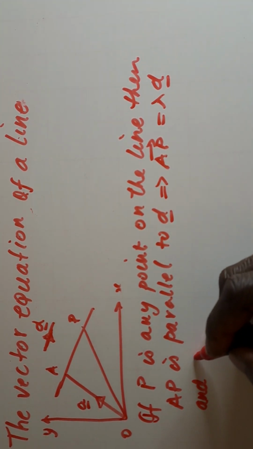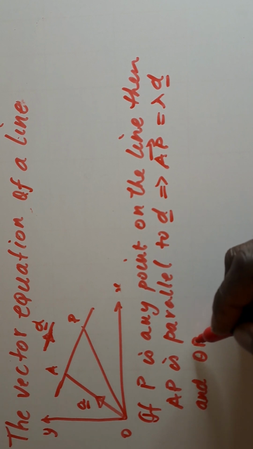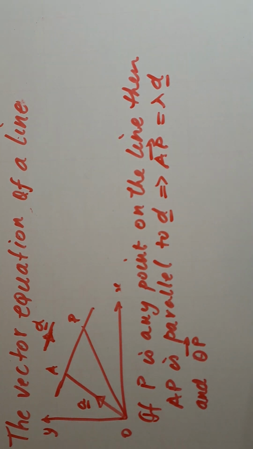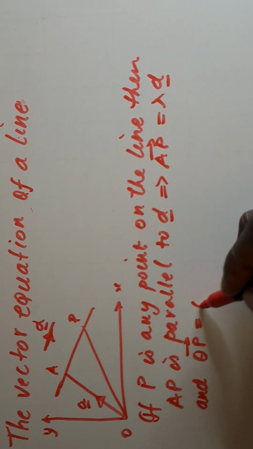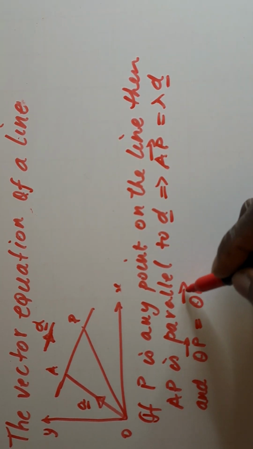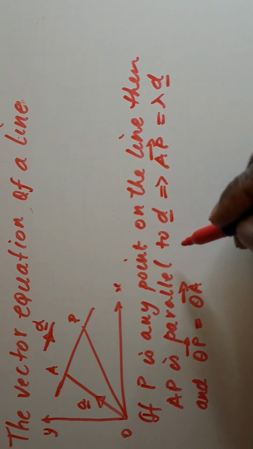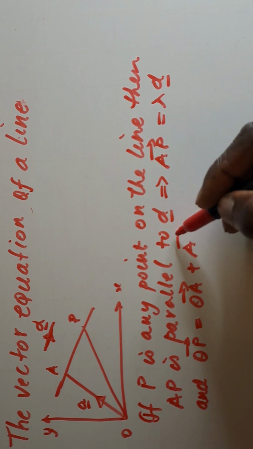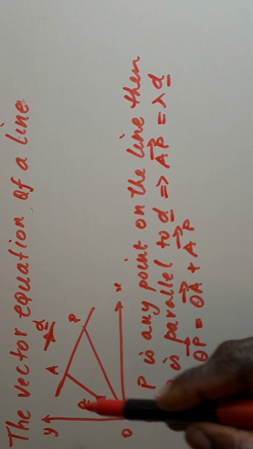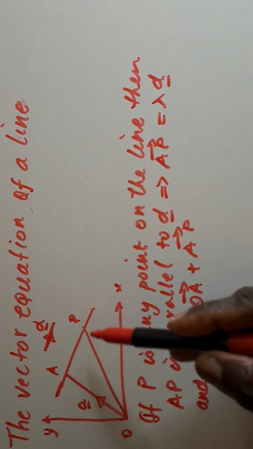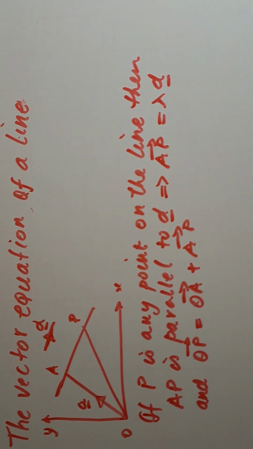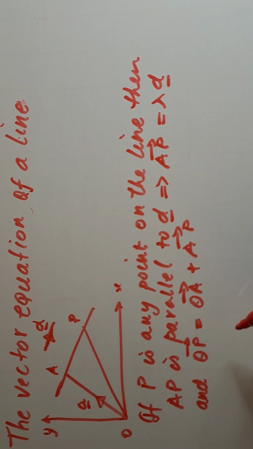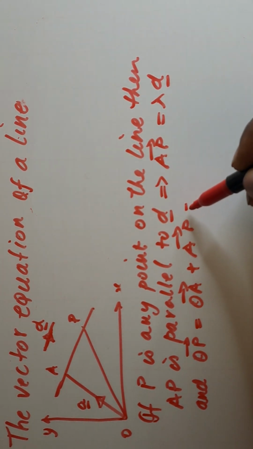Also, O to P, or origin to P, equals O to A together with A to P. Yeah. So O to A together with A to P is from O to P, which is equal to O to P.